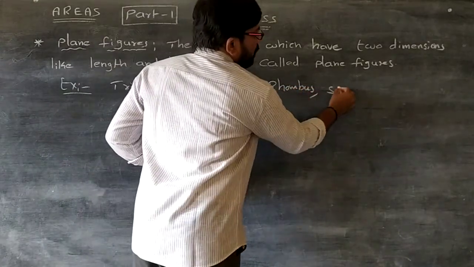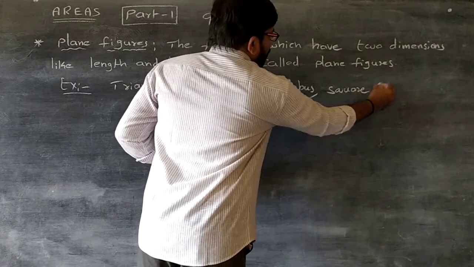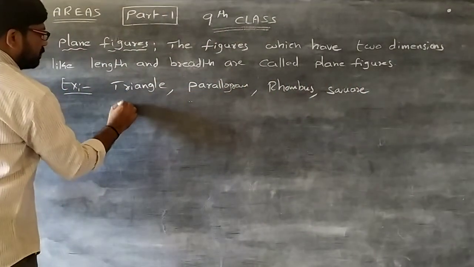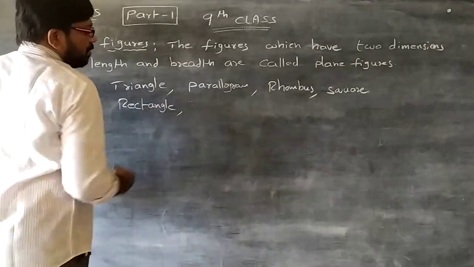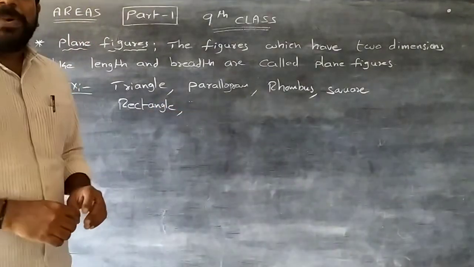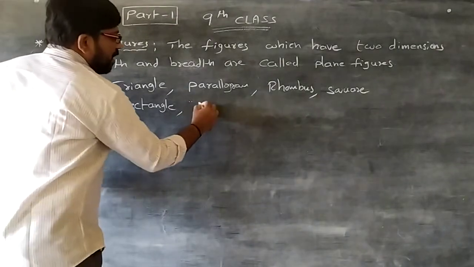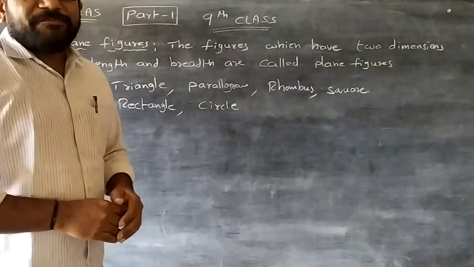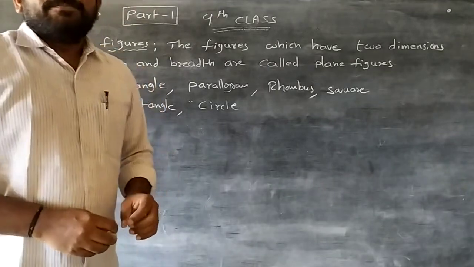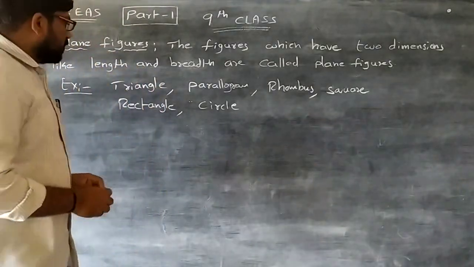Next is square. Rectangle, right? These are all plane figures. And the circle is also a plane figure, right? These are all plane figures.